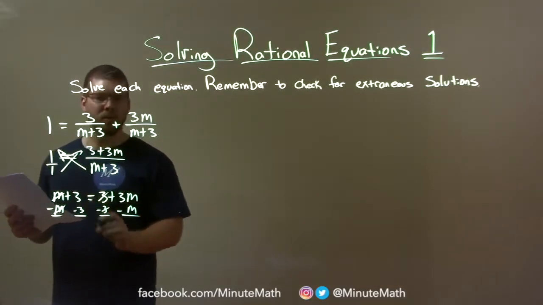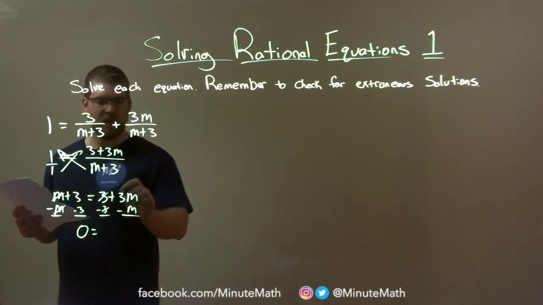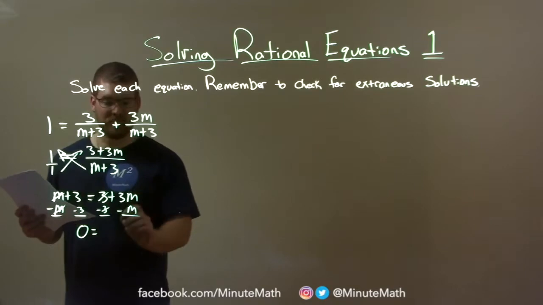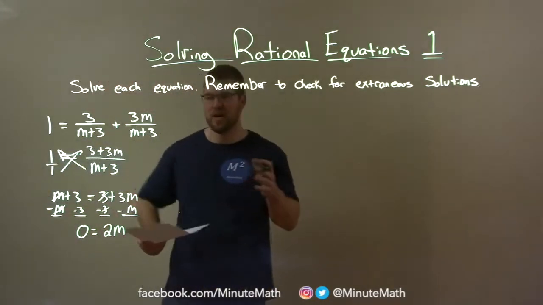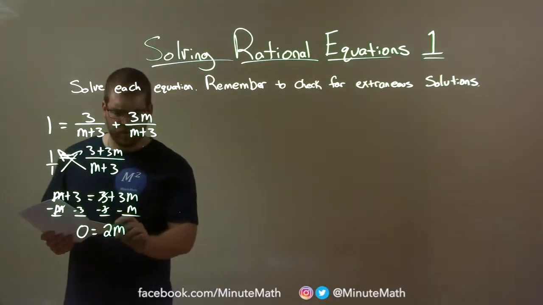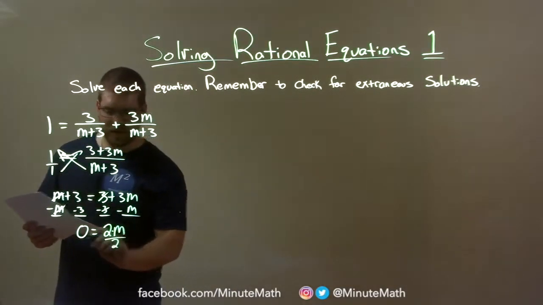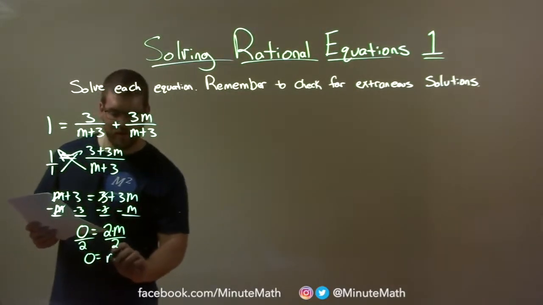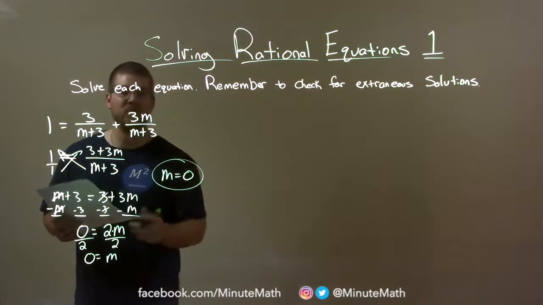And 3 minus 3 is 0, so we have a 0 there. 3m minus m is just 2m. And before you say, oh, there's no solution, we can still keep going. Multiplication separates 2 and m, so we divide both sides by 2. And 0 divided by 2 is 0, and we have an m. And so my answer here is just m equals 0.